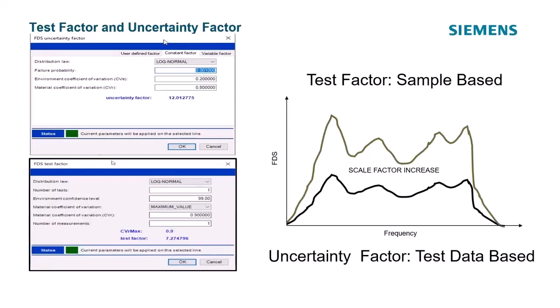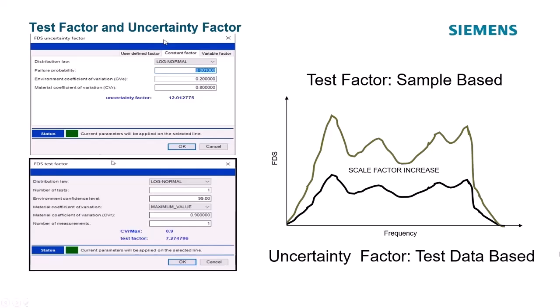And there are a couple of factors we can take into account. One is the uncertainty factor. What the uncertainty factor does is give us a way to account for how confident we are in the hour that we measured, when it really has to survive 1,000 hours. How confident are we that that 1 hour represents the 1,000 hours?